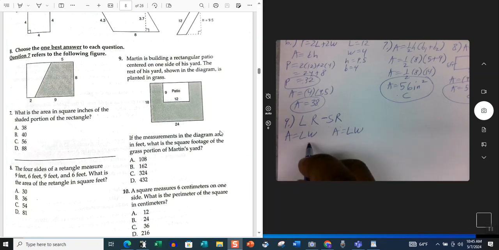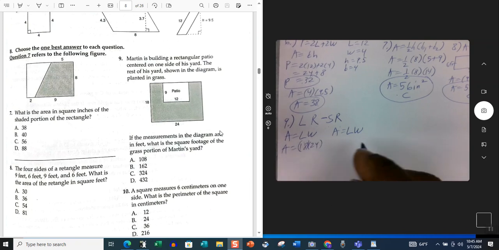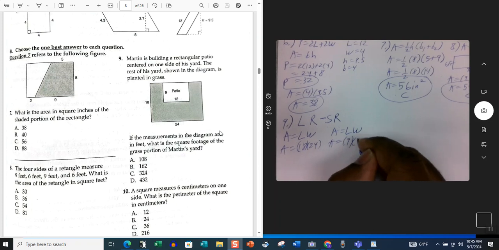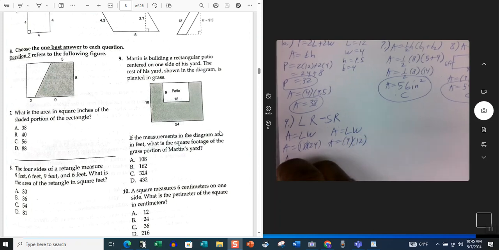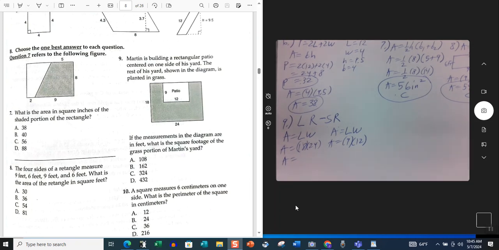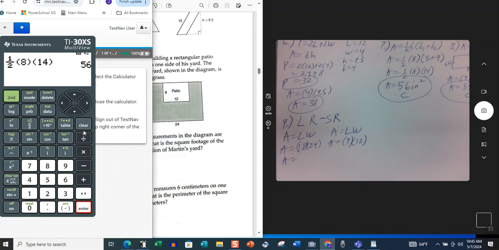So this would be the large rectangle, which would be 18 times 24. And then the small rectangle, which would be 9 times 12. So we'll take 18 times 24.